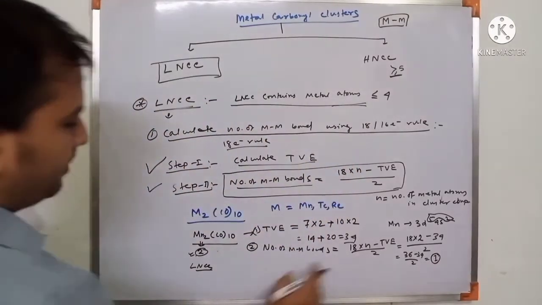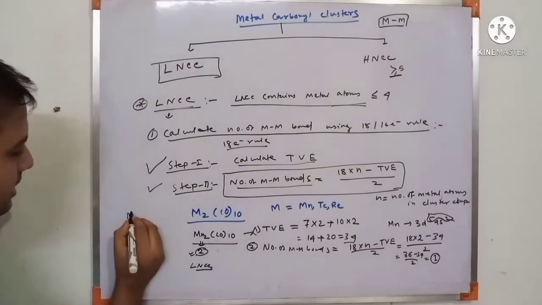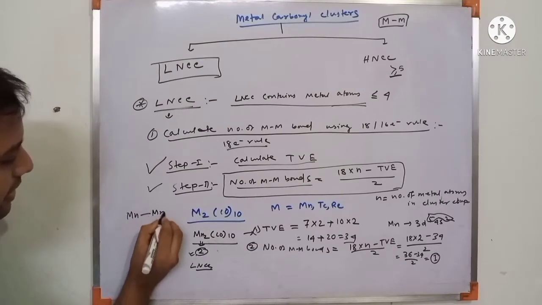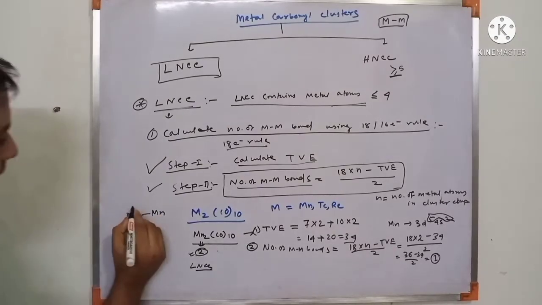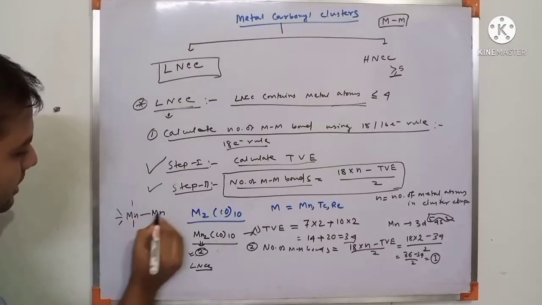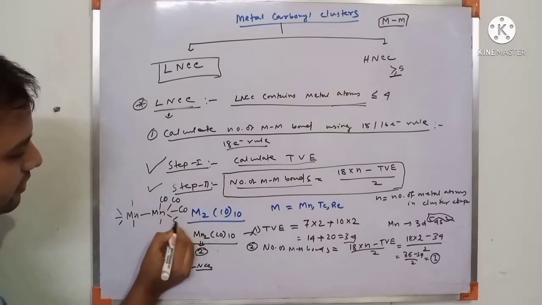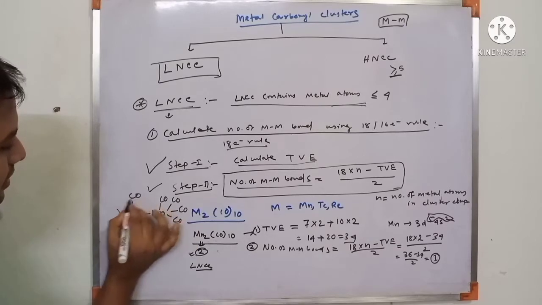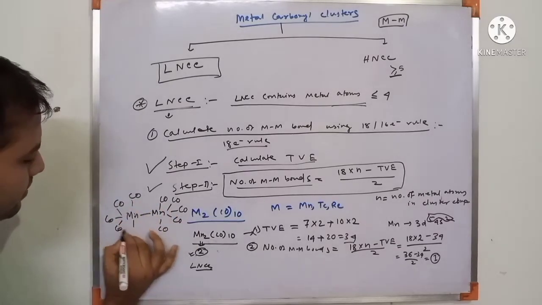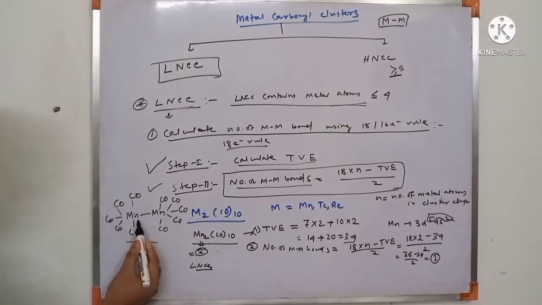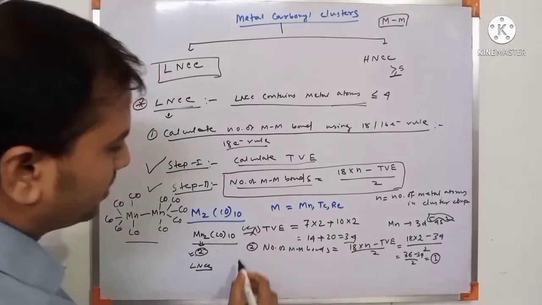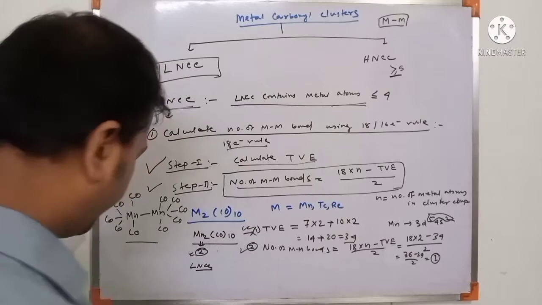So 1 metal bond is there. So the structure is Mn, with 1 metal bond, and 5 carbonyls on each, 1 2 3 4 5. This is the structure of Mn2(CO)10. So first calculate total valence electrons, then the number of metal bonds.